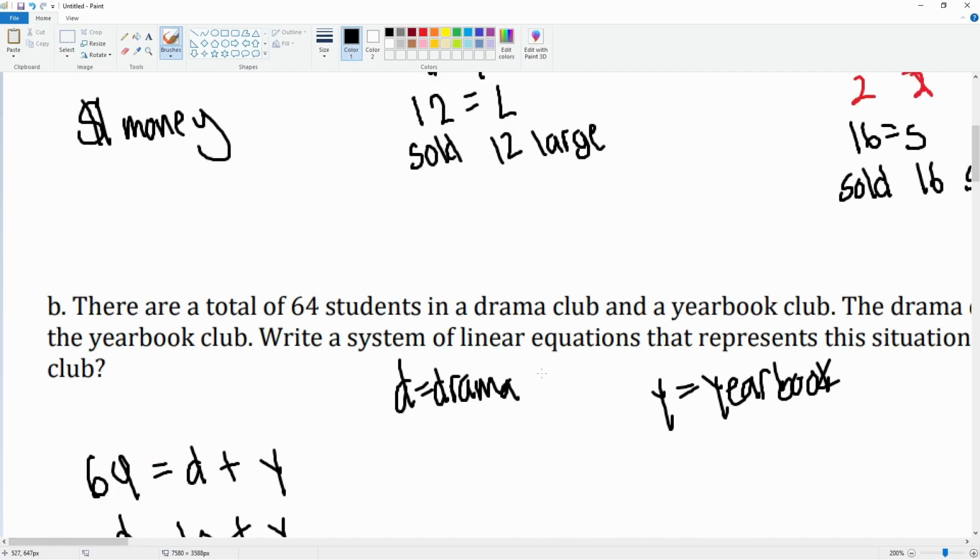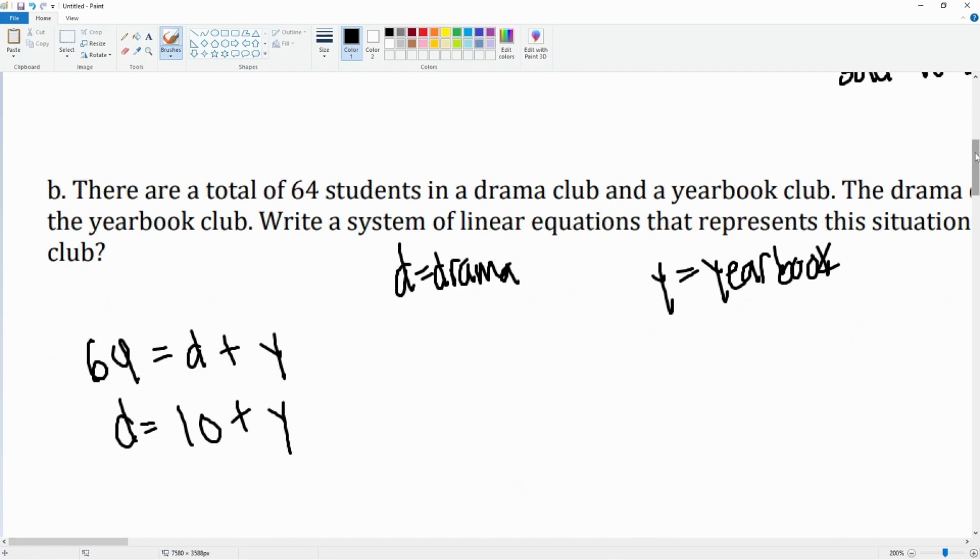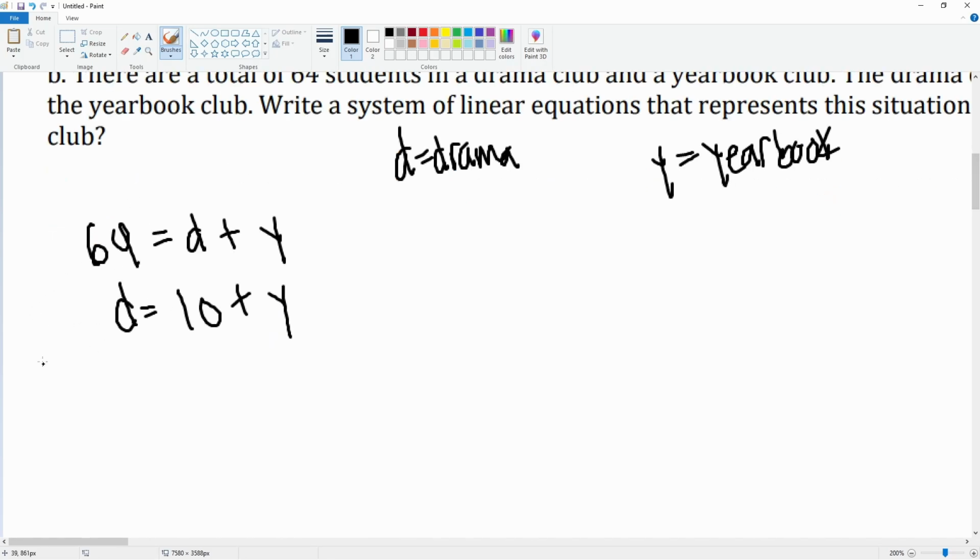Here we see that the second equation is already solved for D, so we're just going to use substitution. 64 is equal to D plus Y, but we can erase the D and plug in 10 plus Y. So 64 is equal to 10 plus 2Y.